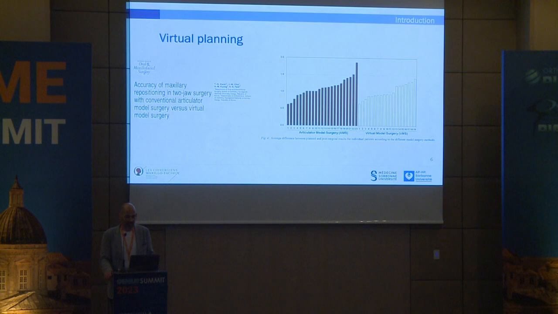Again, each bar represents a patient. On the left hand side, you have the repositioning with the conventional articulator model, and on the right hand side, you have virtual planning. And of course, you do see that we have the same level of accuracy, or the same lack thereof. So inaccuracy, irrespective of whether you use a conventional articulator or virtual planning of surgery.